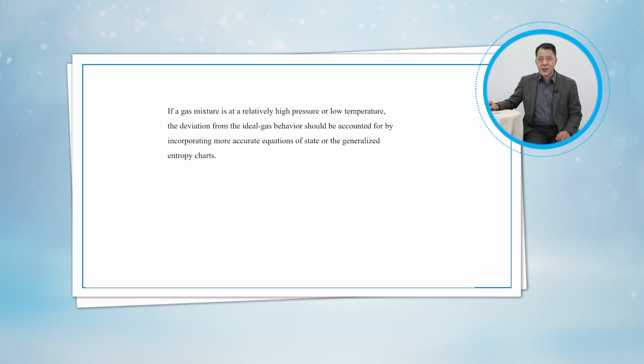If a gas mixture is at a relatively high pressure or low temperature, the deviation from ideal gas behavior should be accounted for by incorporating more accurate equations of state or the generalized entropy charts.